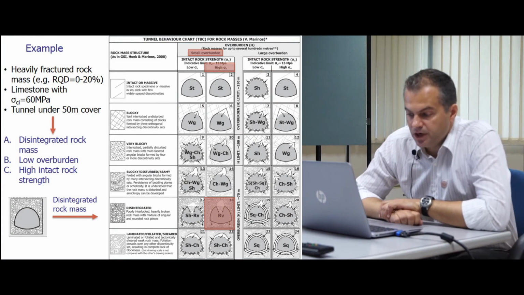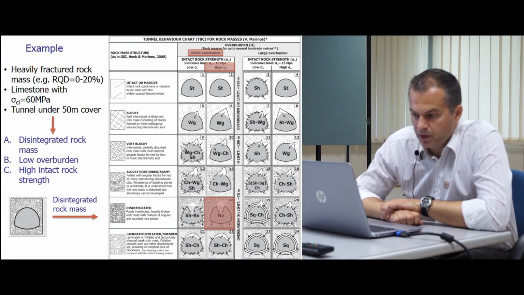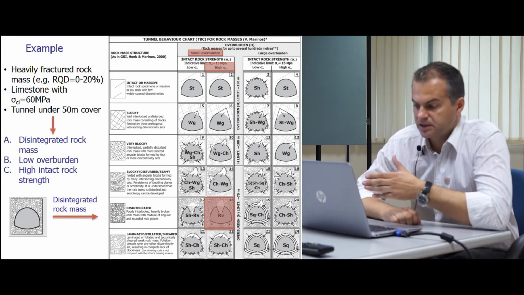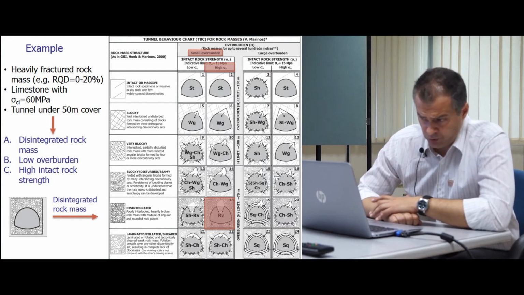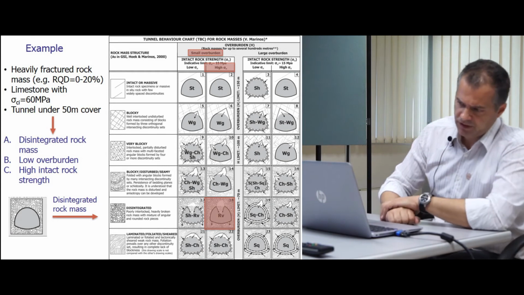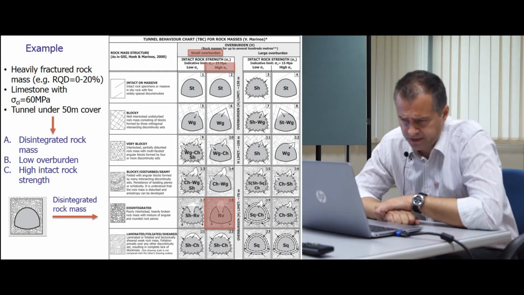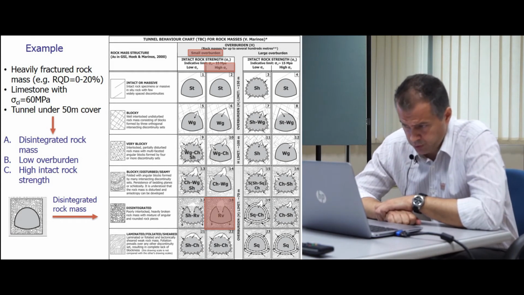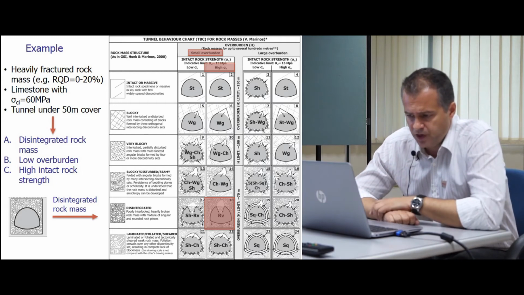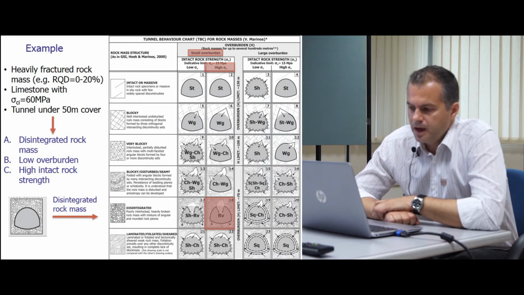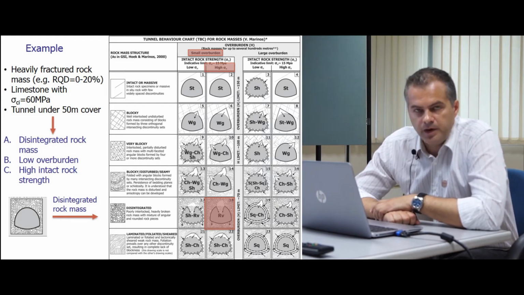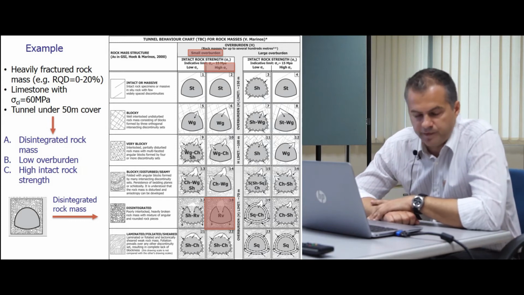Now, this chart, before giving you an example of how it works, you can find in the columns the rock mass structure based on the GSI system, from the latest development of Hoek and Marinos in 2000. This is the structure from the basic chart. And we have two sets of columns. The two left columns are small overburden, and the two right columns are large overburden.